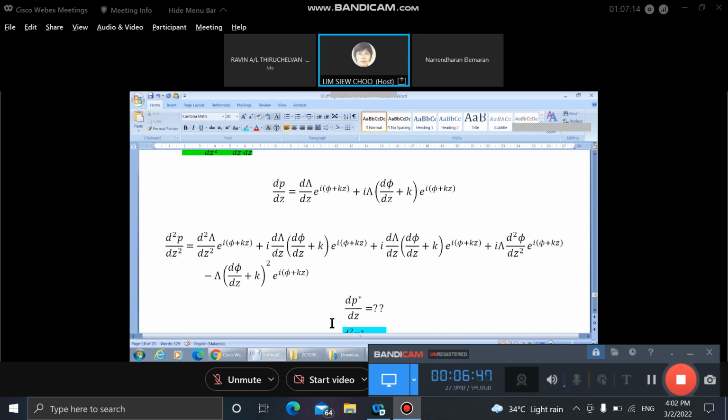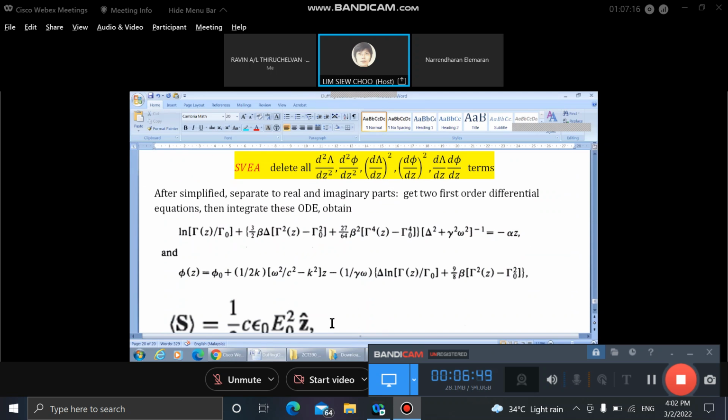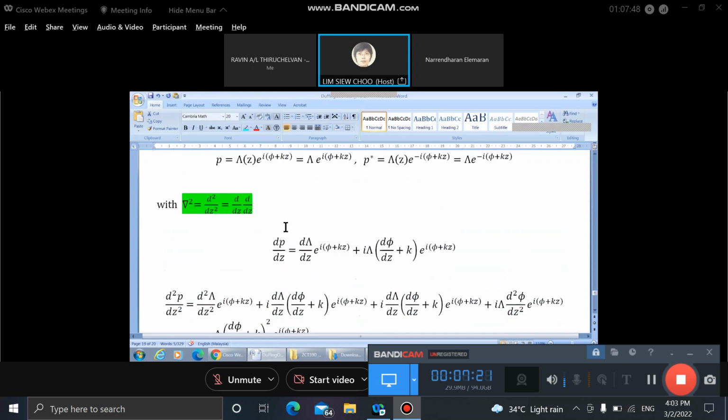Okay. You substitute, and then after this, you throw away all these terms. It becomes very simple, and then you integrate. Before you integrate, you have to separate into real and imaginary parts. The real part will give you one equation. The imaginary part will give you another equation. So you integrate the real, you get one of these equations; for the other, you get another. When you solve the gamma or the lambda, then you should know the P already.